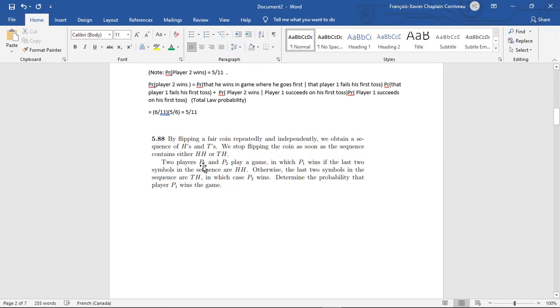Two players, player 1 and player 2, play a game in which player 1 wins if the last two symbols of the sequence are head-head. Otherwise, the last two symbols in the sequence are tail-head, in which case player 2 wins. We want to find the probability that player 1 wins the game. So it looks pretty much the same. Now the probability of winning is different.